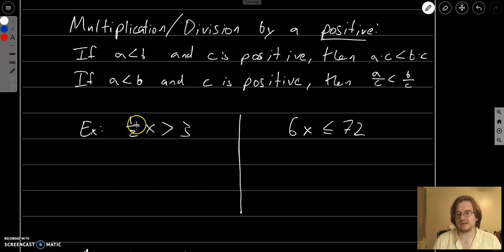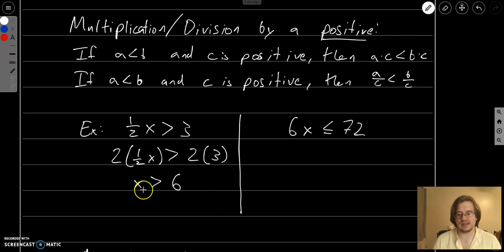So for instance here, if I have 1/2 x is less than 3, I can multiply both sides by 2. And by multiplying by 2, I can cancel out the 2 and the 1/2 to just get x will be less than 6. And again, this is going to be every number smaller than 6.